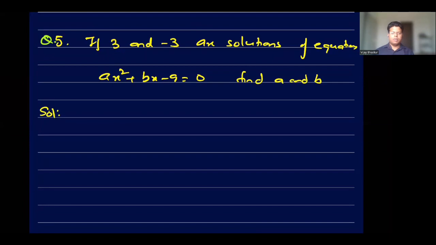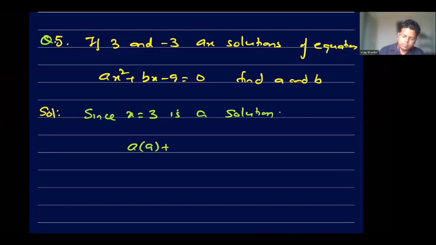Now let's look at question number 5. It says, if 3 and minus 3 are solutions to this equation, find the values of a and b. It's also similar to the previous question. So we'll say since x equal to 3 is a solution, it should satisfy the equation. So a into 9 plus b into 3 minus 9 equal to 0. We put 3 in place of x everywhere. So we get 9a plus 3b is equal to 9.